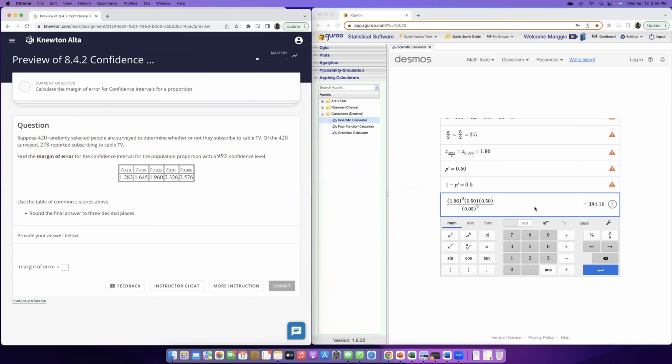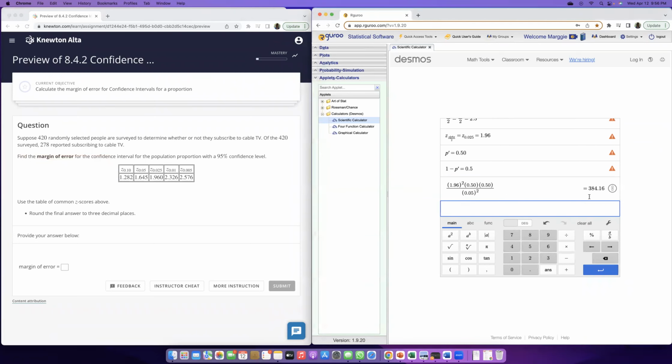Let's see, what information do we have? Right. So we have a sample size of 420. That's the amount of people that we survey. We have a number of successes being equal to 278.